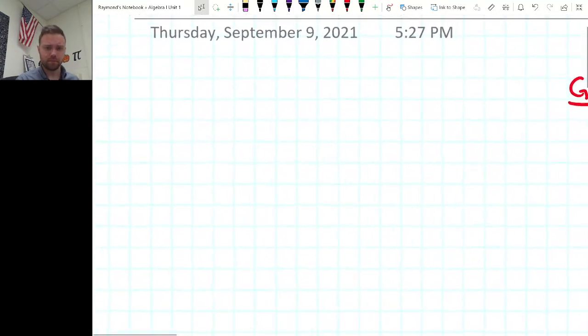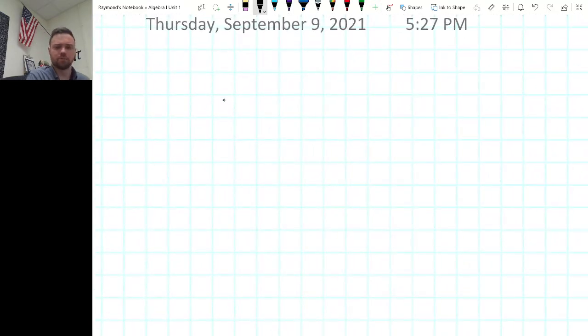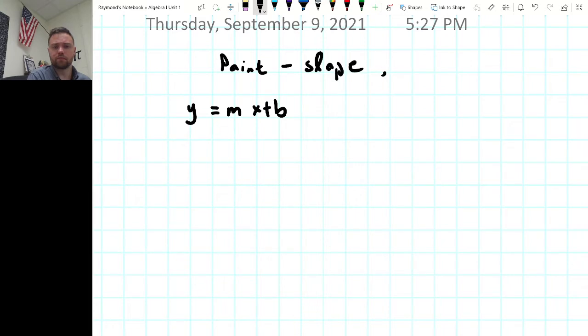So one particular equation that's really going to come in handy here is y equals mx plus b, which is point slope form. So we've kind of been over how to graph these lines, and if this is confusing, then I guess we'll take a day and go over graphing lines.